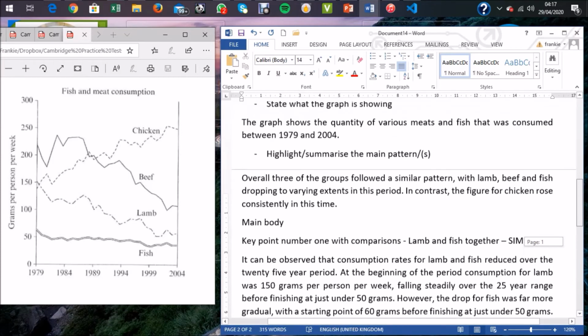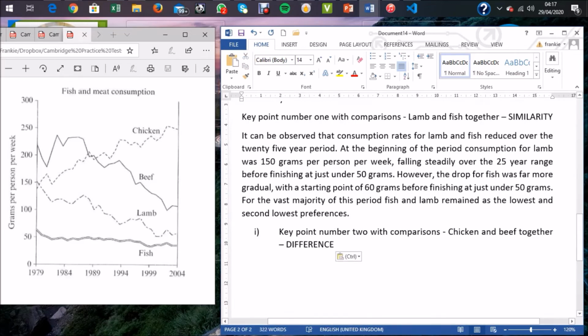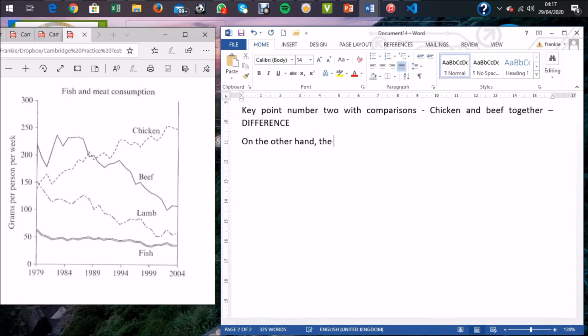Now we are going to address key point number 2, which is comparing chicken and beef together and looking at the difference here. On the other hand, the trajectory for chicken and beef were markedly different.